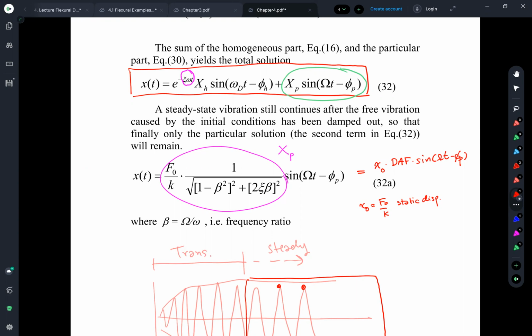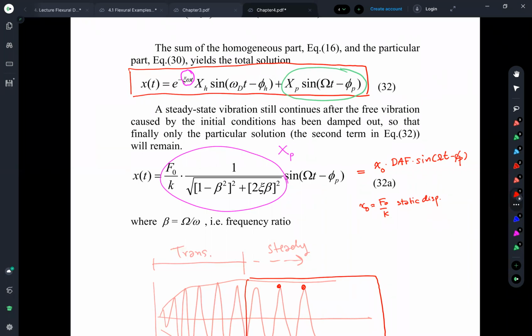Very simple like that. The DAF is the term that takes care of the amplification: how much the dynamic effect will amplify your response from the static displacement. So the physical meaning of the DAF: if it's equal to 1, it means the amplitude of the dynamic response of your building is exactly equal to the static response.